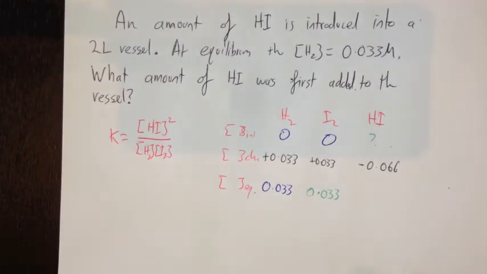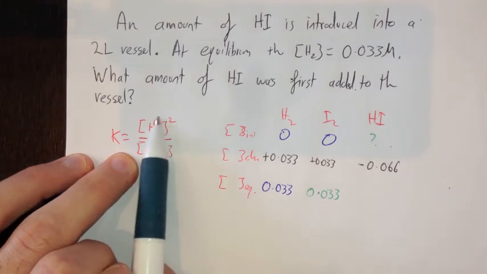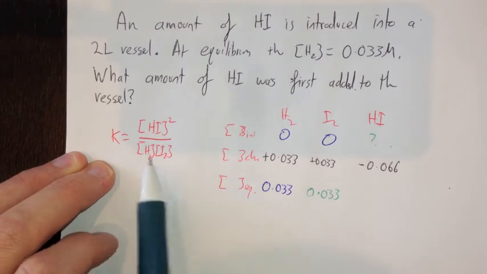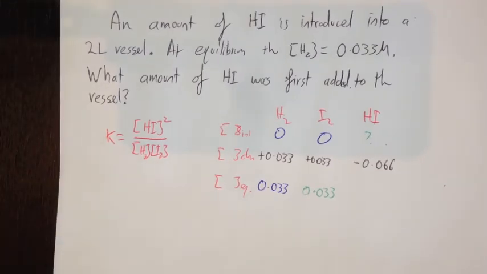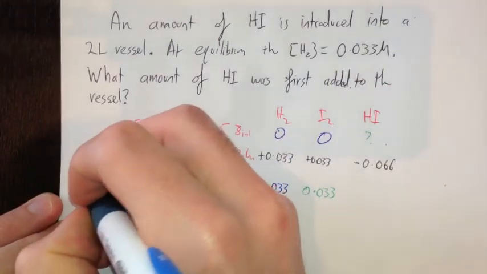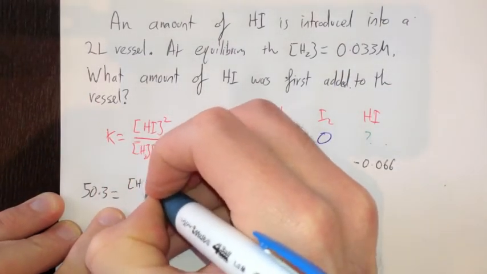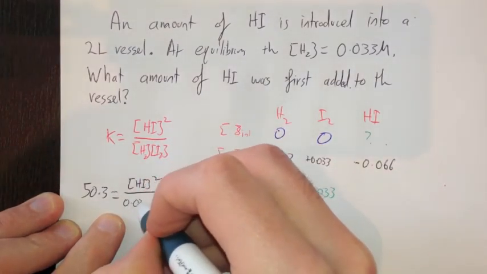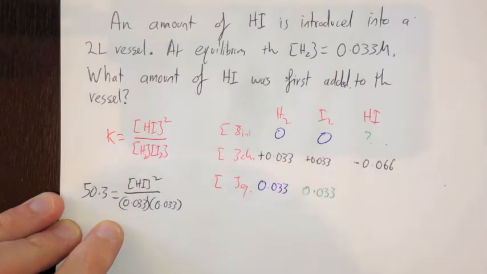However, the good thing is, over here, I've got the concentration of this at equilibrium. I know my K value, and I know my concentration of this, and of this. So K is 50.3 equals concentration of hydrogen iodide squared divided by 0.033 times 0.033.